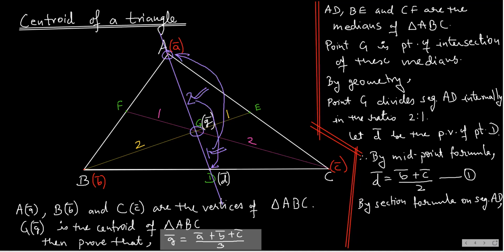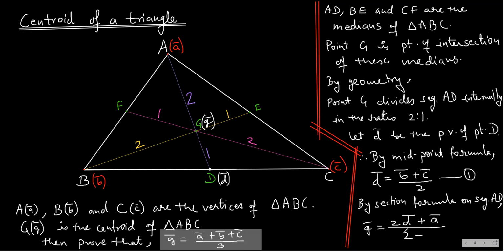So you will get here G bar equals 2D bar plus 1A bar, that is A bar, upon 2 plus 1. The next step, I will substitute for D bar. What is D bar? D bar is B bar plus C bar by 2.